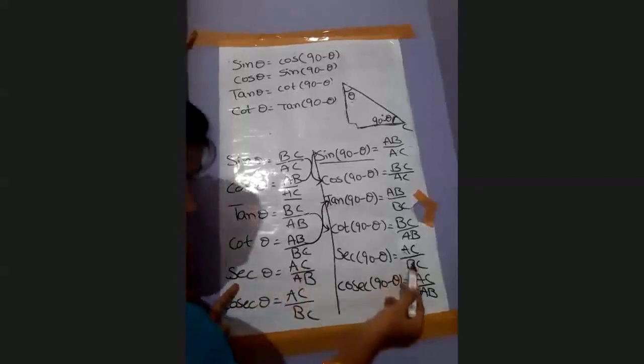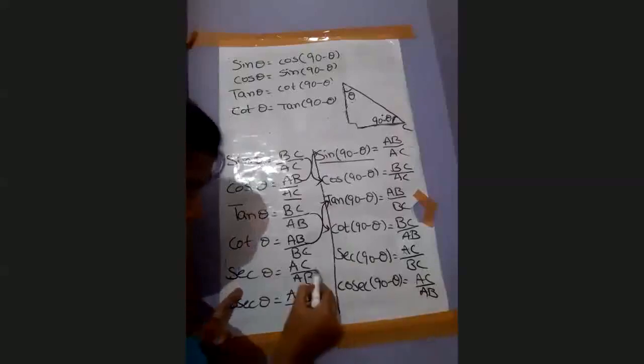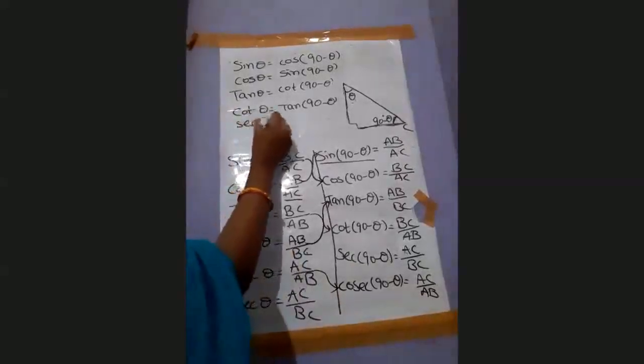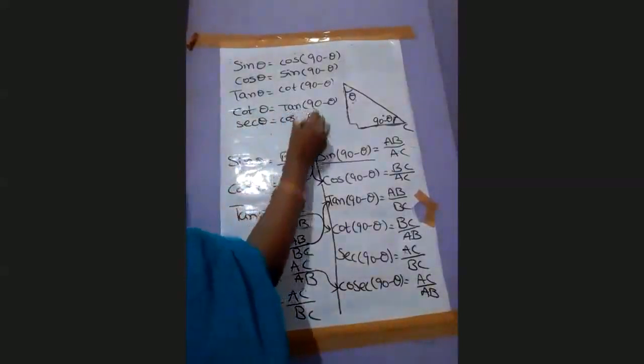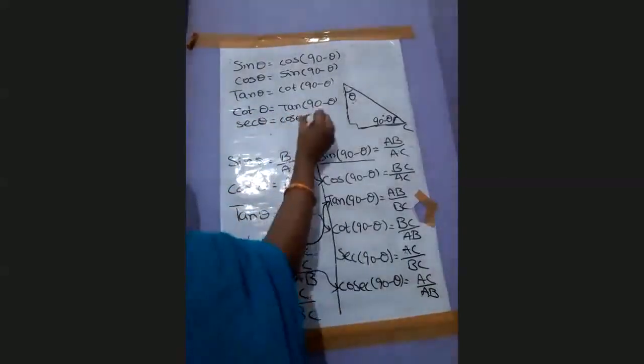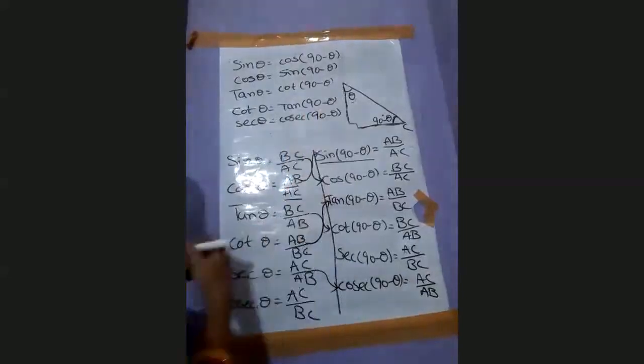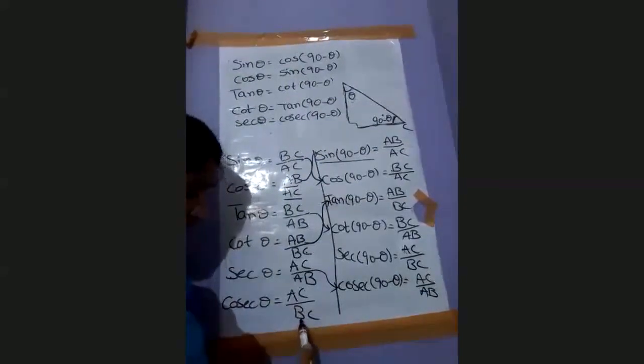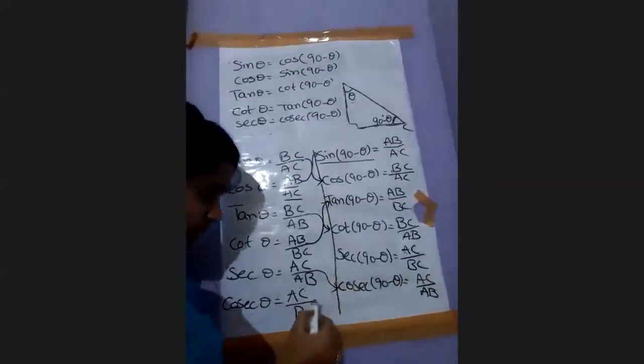So we can write secant theta is cosecant of 90 minus theta, right? And observe cosecant theta is equal to AC by BC. So that means here we have the equal.